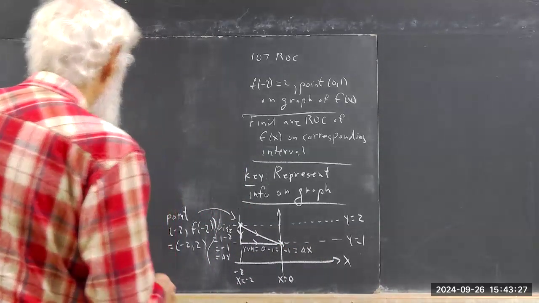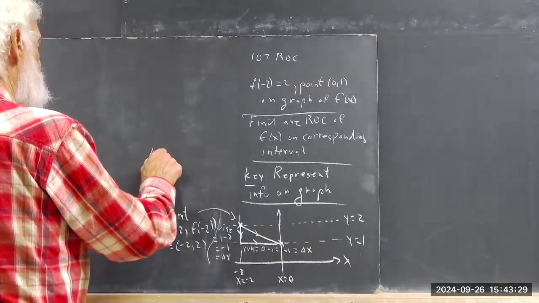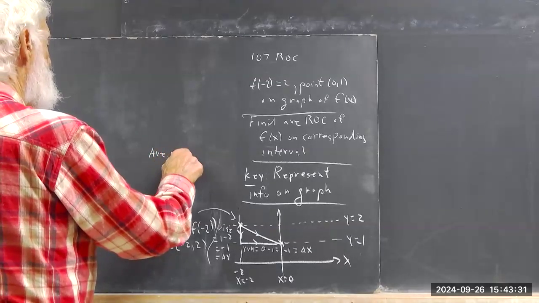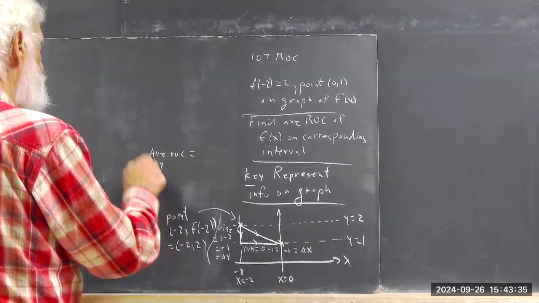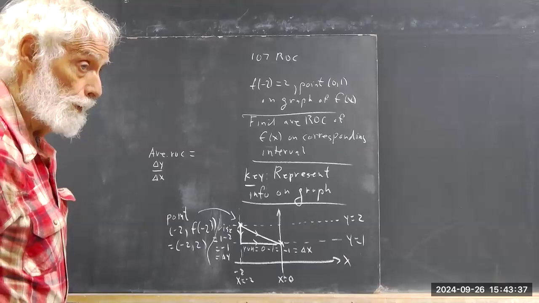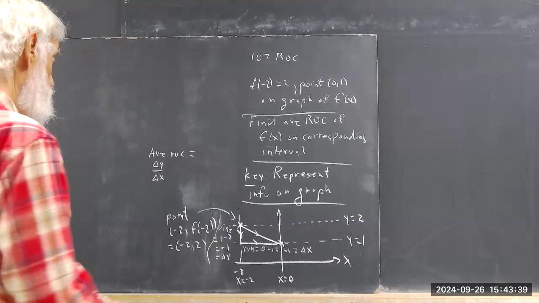Okay, so your average rate of change is delta y over delta x. That's the definition for the average rate of change on an interval.